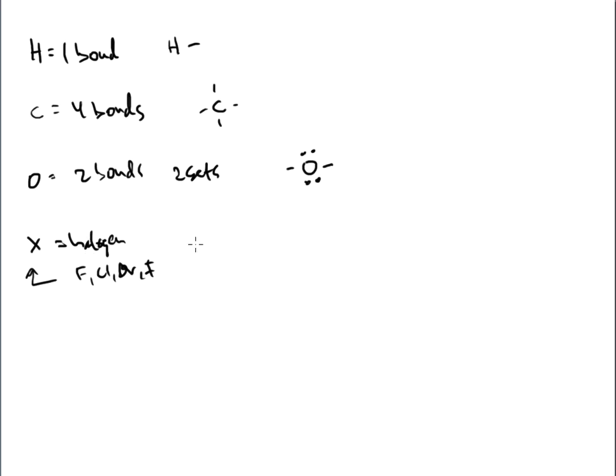The way that they work is that you are going to have 1 bond that goes to them, because keep in mind they have 7 valence electrons. So there's 1, there's 2, 3, 4, 5, 6, and 7. So anytime I see fluorine, chlorine, bromine, or iodine listed, I'm going to assume that I only draw 1 bond to them.